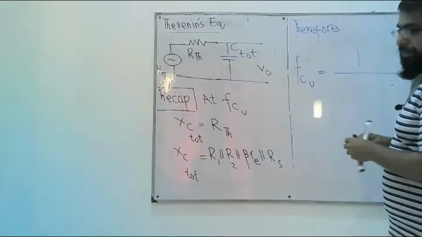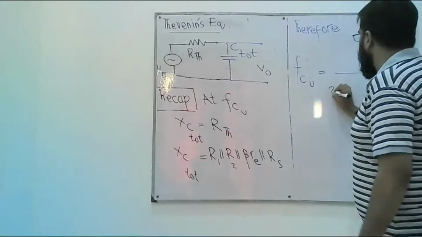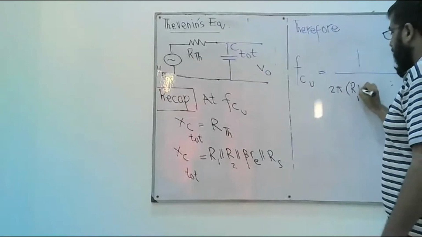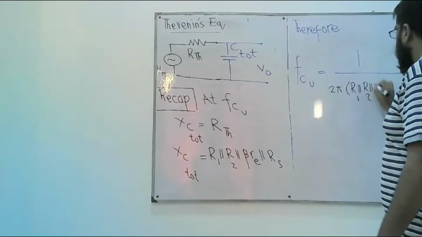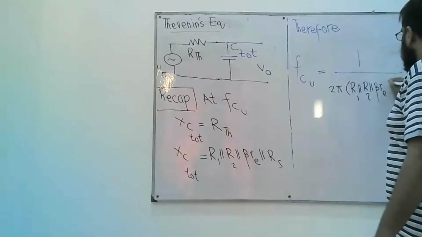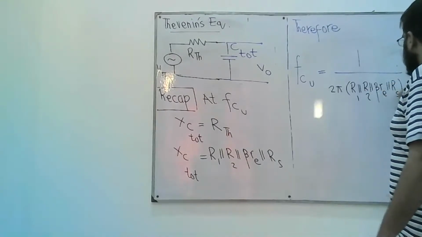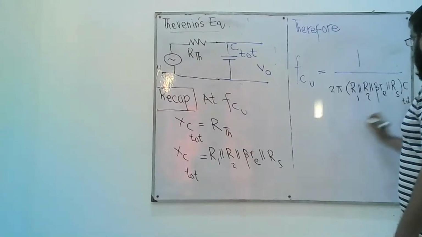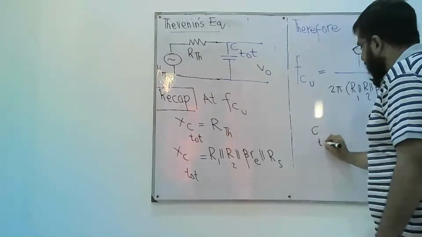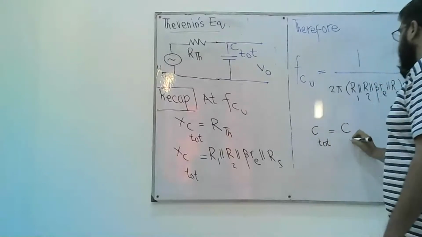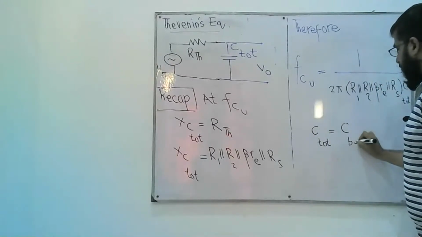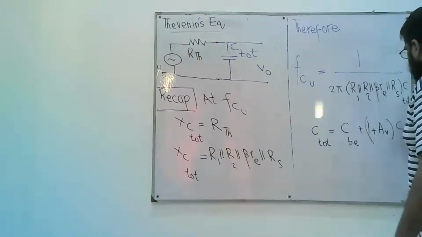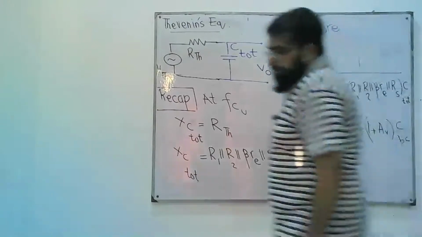On the input side it is 1 over 2 pi R Thevenin, that is R1 in parallel with R2 in parallel with beta RE in parallel with RS, times C total, where C total is, we know, the junction capacitance on the input side plus the equivalent junction capacitance between the output and the input.